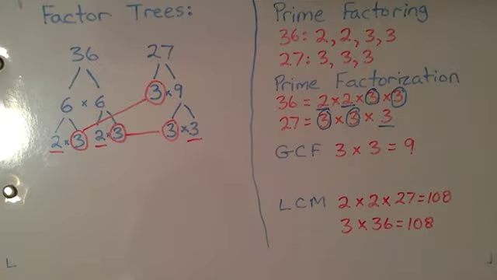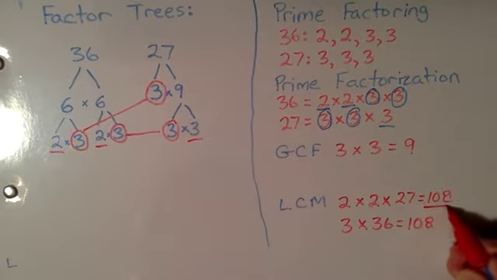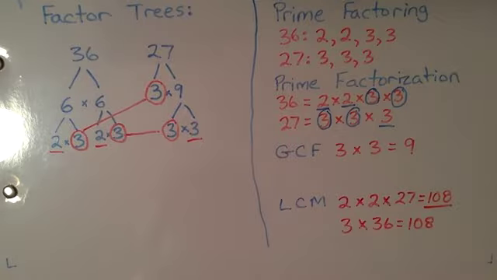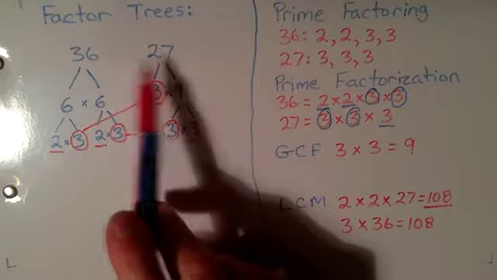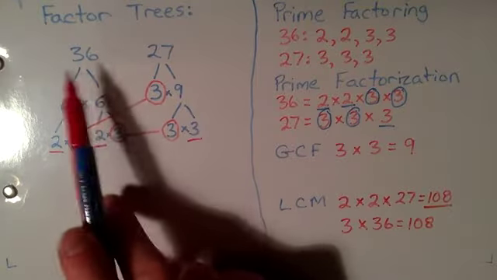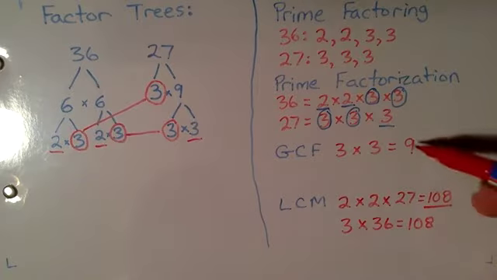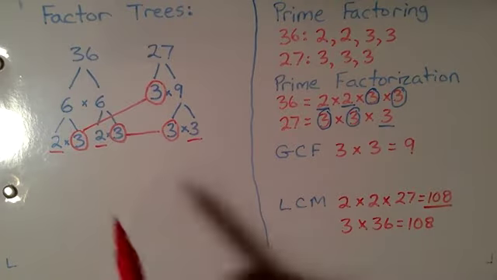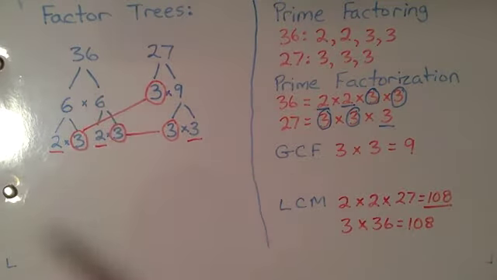So it doesn't matter which way you do it, and it's actually a really good technique to double check that you got it right. But 108 is the smallest number that these two have as multiples, or the smallest multiple that both these two have in common. And 9 is the largest factor that both of these two numbers have in common.